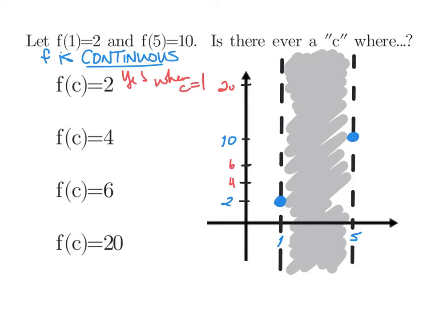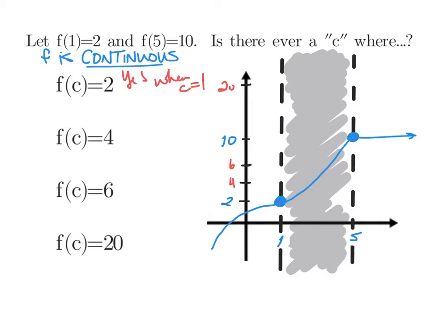Not exactly. We don't know exactly what's happening. But we do know that since f is continuous, we have to be able to connect those 2 points somehow. We still don't know what it is coming in to that range, and we don't know what it is coming out of that range. But we do know that in the middle there, we have to hit some of these values.